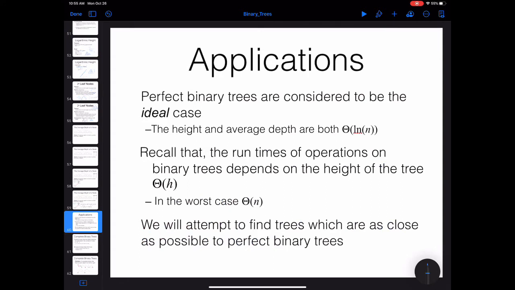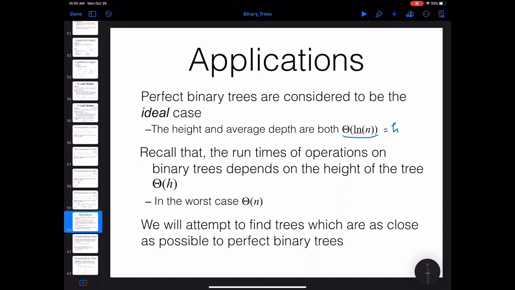A nice thing about all of these theorems that we proved is that if I can create my tree to look like a perfect binary tree, I can prove that all the operations which depend on the height of the tree will be in theta of log of n, because I know that the height of the tree is in theta of log of n in a perfect binary tree.